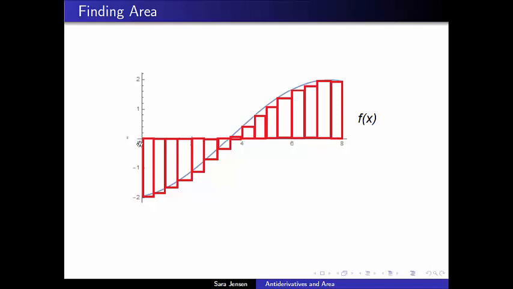This f of x value is going to be a negative number. And so we're not actually going to be returning the positive area that we have right here. What we'll be getting is the signed area, a negative expression whose absolute value is equal to the area of this rectangle.